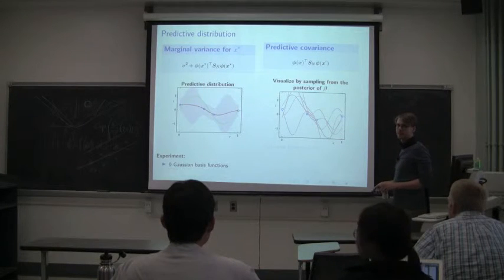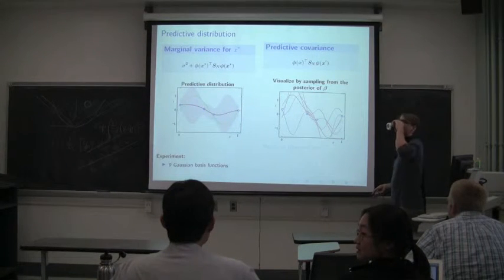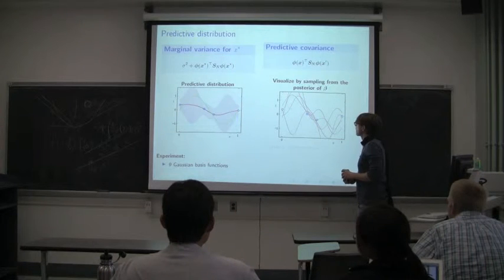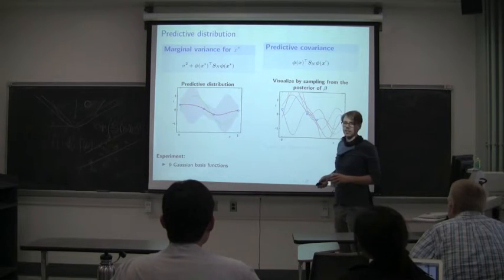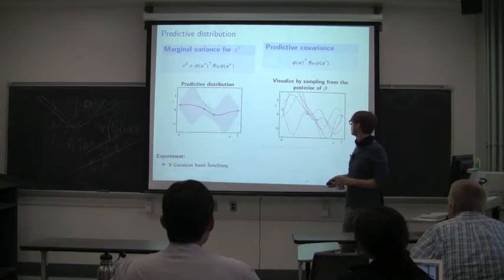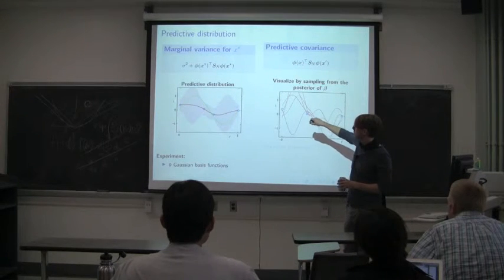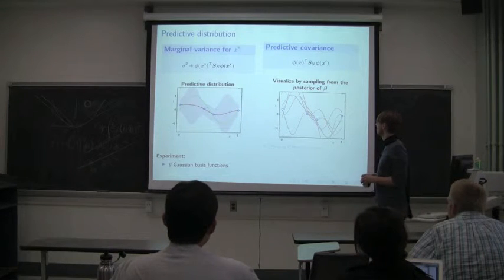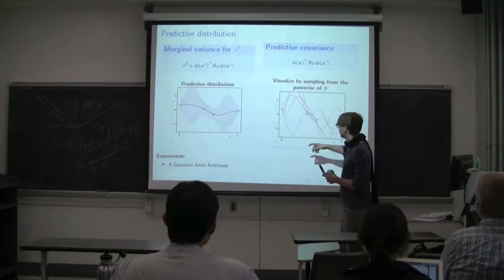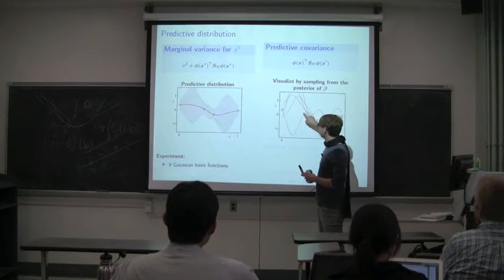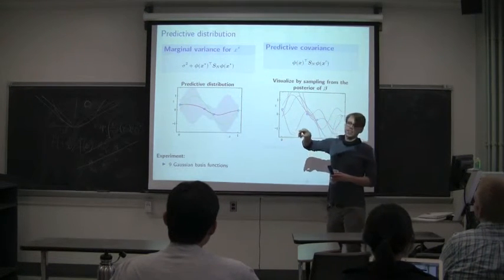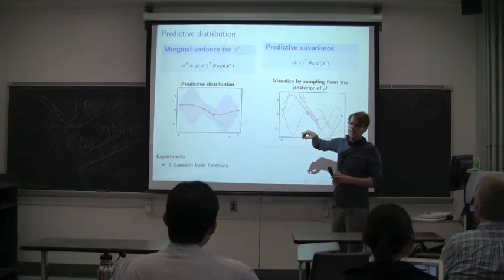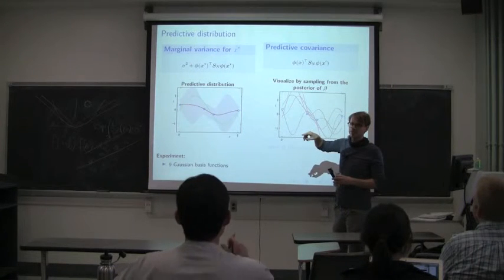Question: Is it just coincidence that most of the lines on the right go up and then down? No, that's a complete coincidence. Because if you look at this, they could basically go up again. Mostly, the wiggliness of the function depends on the number of basis functions used.